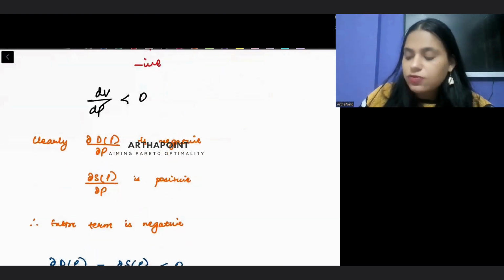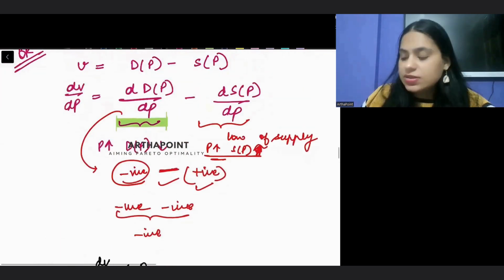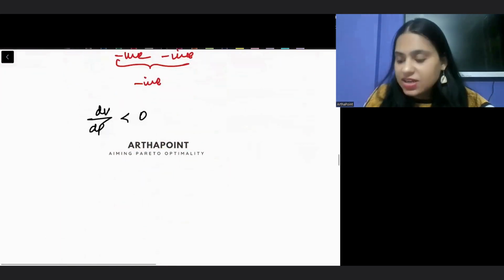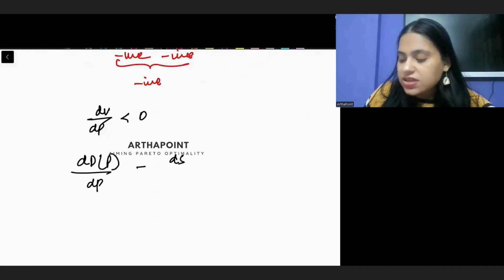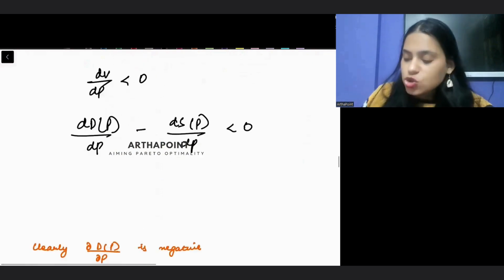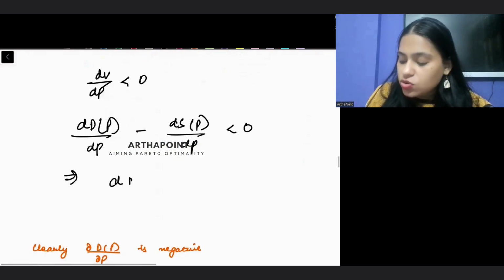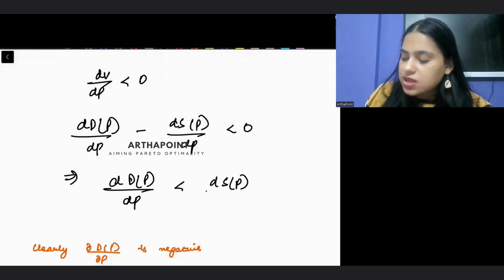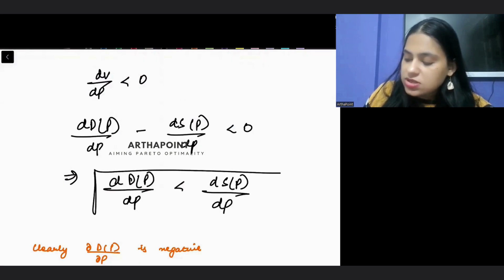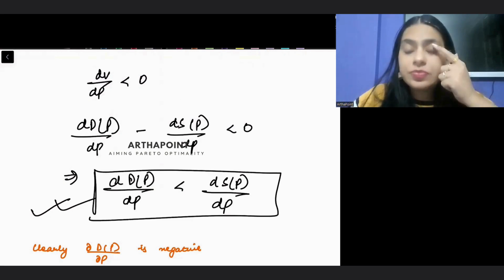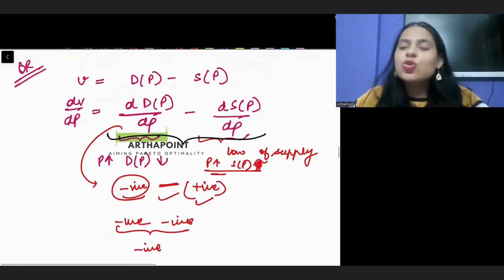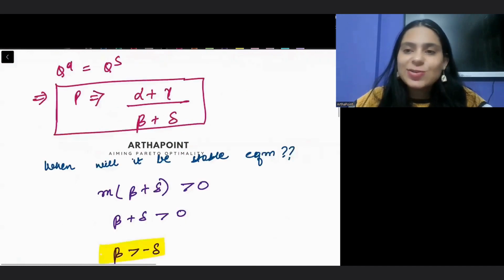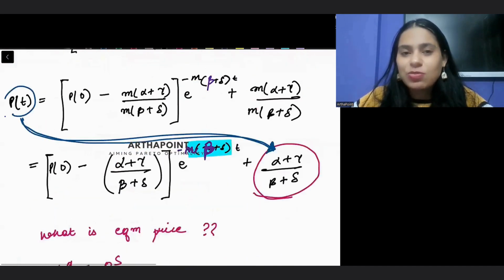That means what was dV by dP equal to, beta? This part. So we get that dD/dP minus dS/dP will be negative. So we get from here also that the slope of the demand curve must be less than the slope of the supply curve. Hence proved. So I can take it through any way you want me to take.